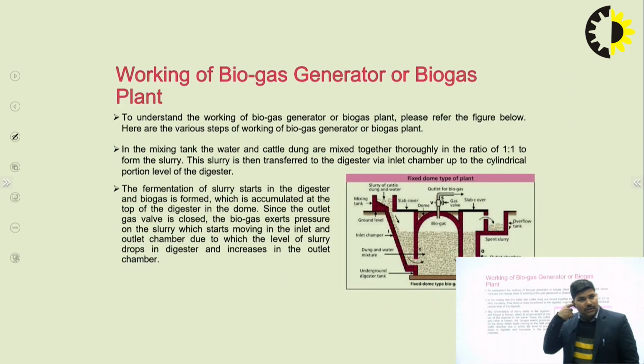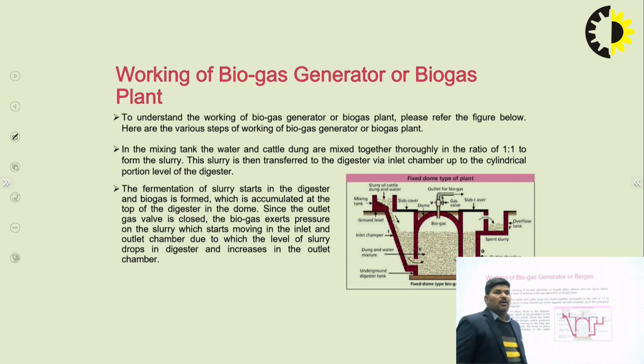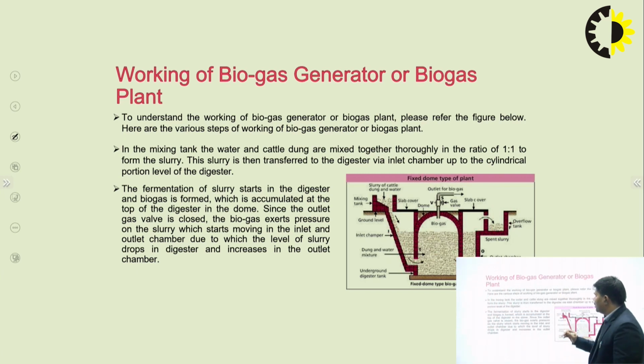So what is biogas, and how does a biogas generator or biogas plant work? To understand the working of the biogas generator and biogas plant, please refer to the figure below. Here are the various steps.